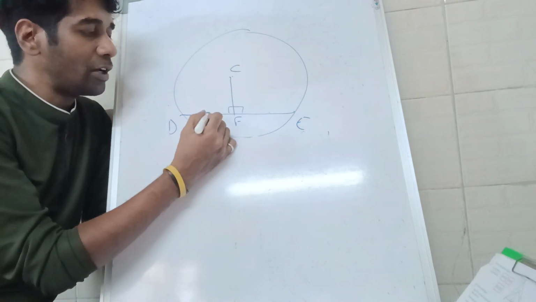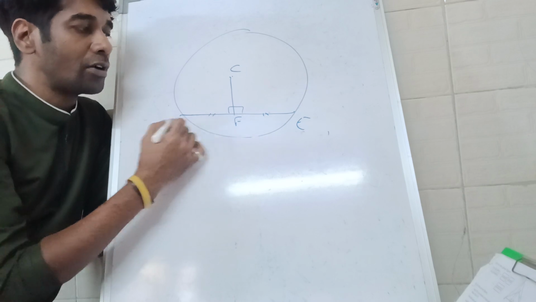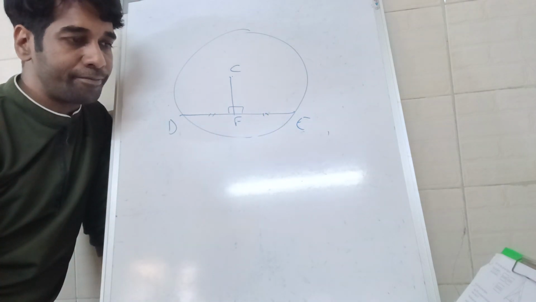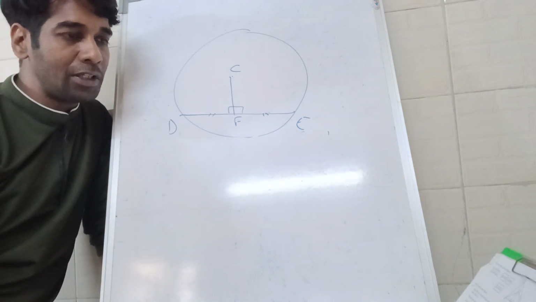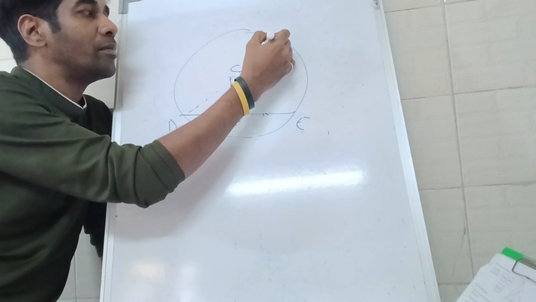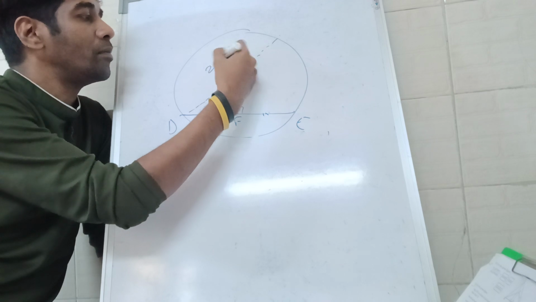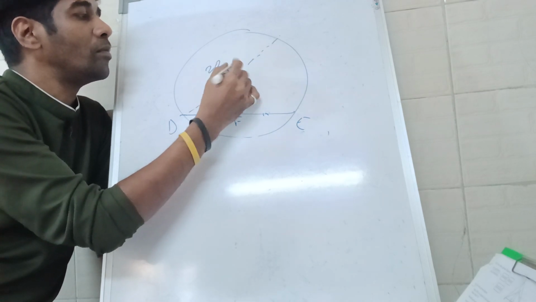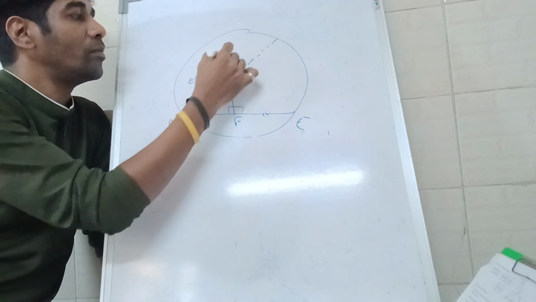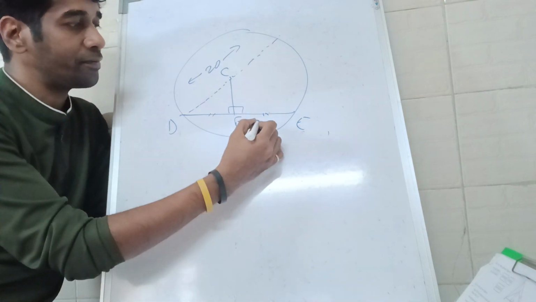Now if this is perpendicular, then these two sides will be equal. Perpendicular from the center to the chord bisects the chord. Diameter of the circle is 20. Find CF.